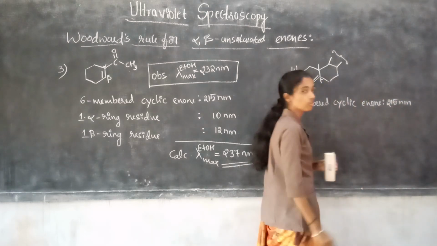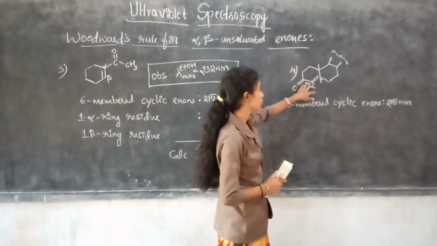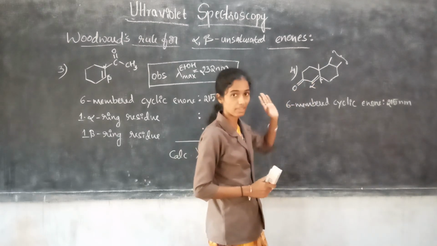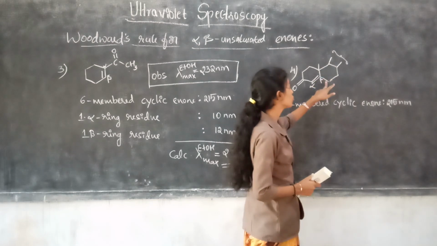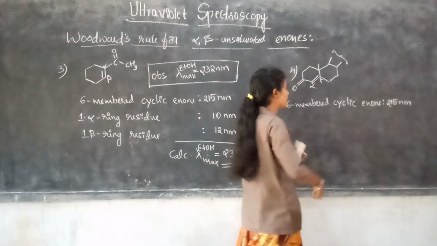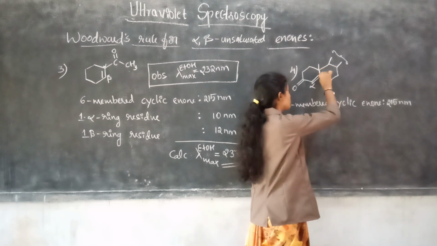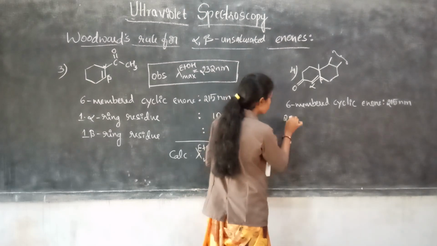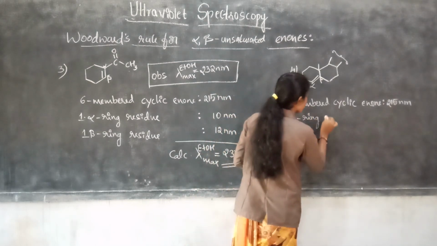At alpha position we don't have any substitution, but in beta position we have 2 ring residues. This is one ring residue, whereas this is another ring residue. So 2 beta ring residues.